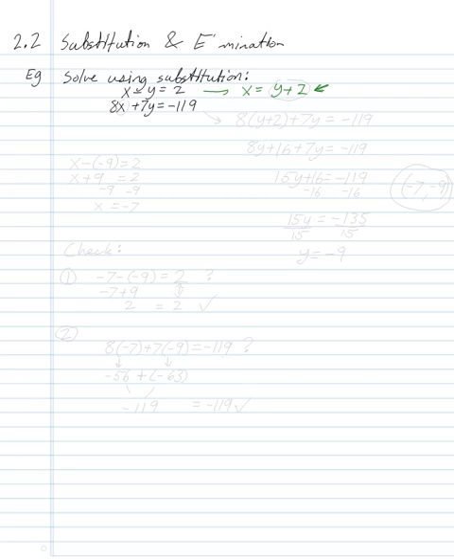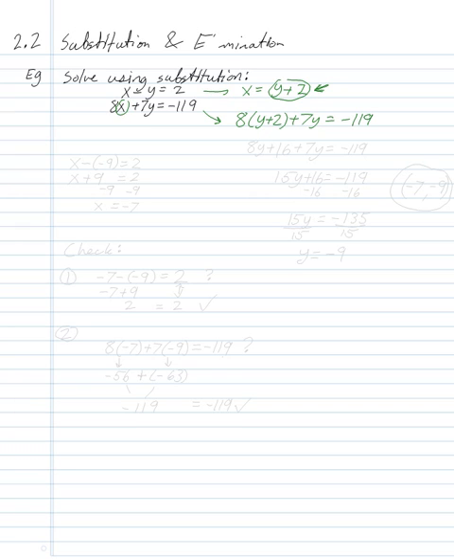And what we do with that information is now we replace x in our other equation with y plus 2. So that equation becomes 8 times y plus 2 plus 7y equals negative 119.